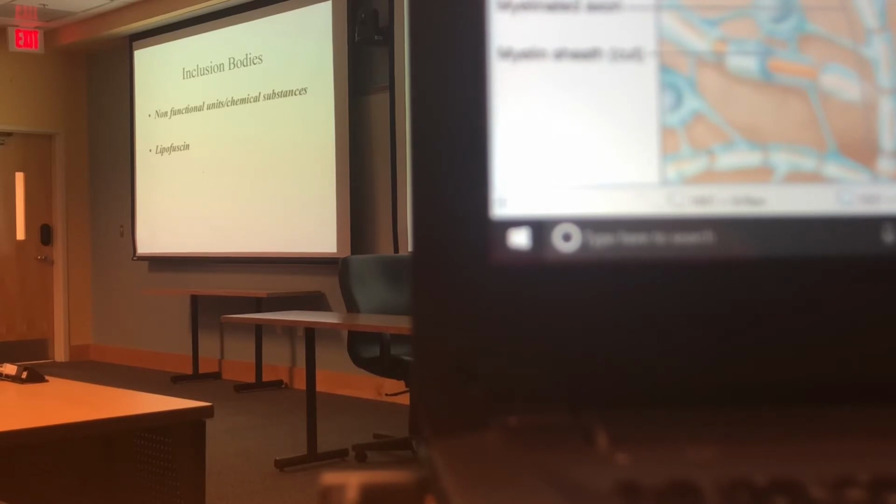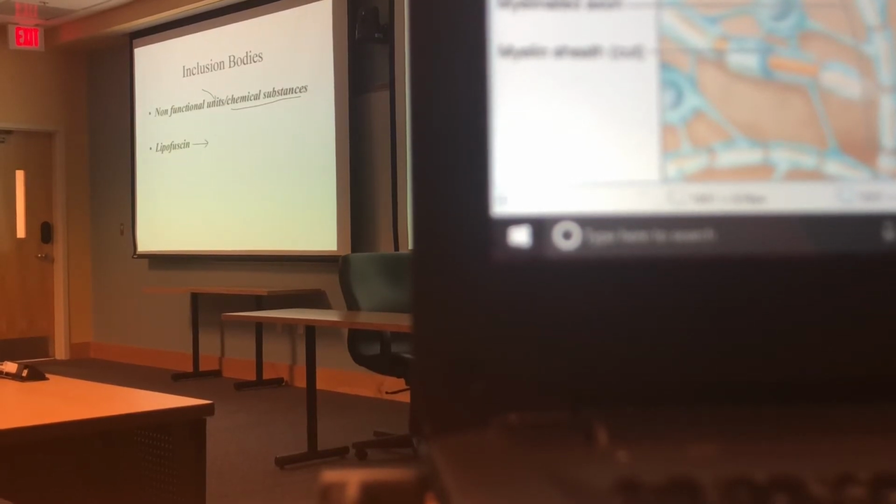Now, guys, these inclusion bodies are pretty much non-functional units. They're just chemical substances that occur in cells in general, but I'll focus on the neuron. Let me give you a little checklist of examples of inclusion bodies that can occur in neurons. You have lipofuscin.